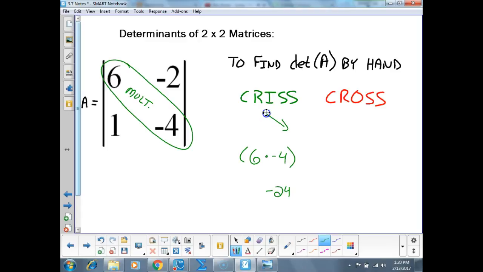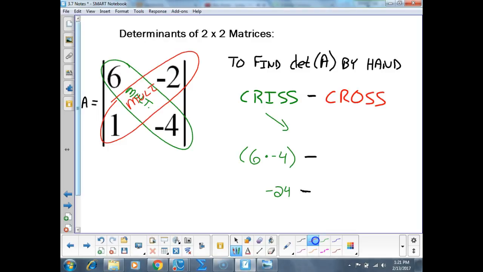Then we're going to subtract our cross, and I multiply those two numbers.